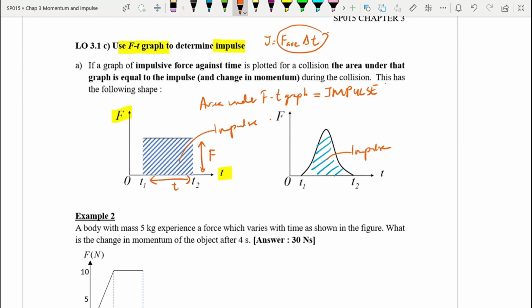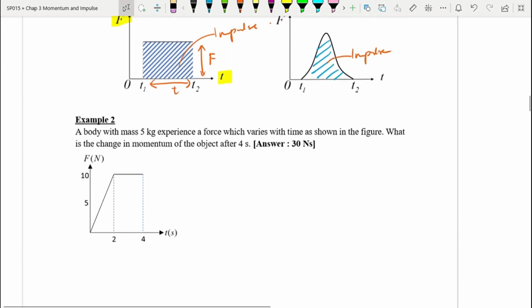Okay, so kita try example 2. A body with mass 5 kg experience a force which varies with time as shown in the figure. So force varies with time. So F against T lah. What is the change in momentum of the object after 4 seconds? So tengok elok-elok. After 4 seconds. So maksudnya untuk dapatkan change in momentum, change in momentum ni sebenarnya adalah impulse sebab J equals to change in momentum.